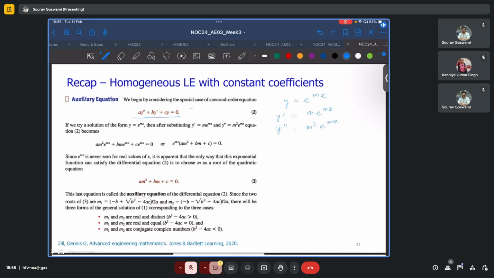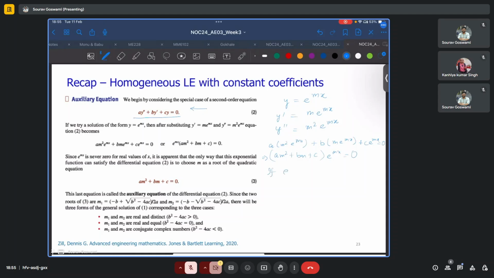If we substitute this back into our original equation, a times m square e power mx plus b times m e power mx plus c e power mx is equal to 0, which implies that (am square plus bm plus c) times e power mx is 0, which implies that either e power mx is 0 or am square plus bm plus c is 0.